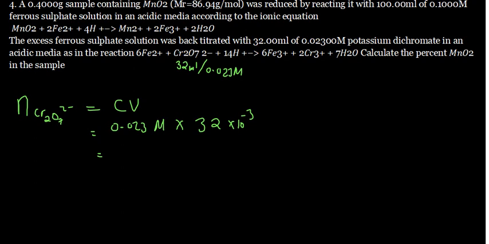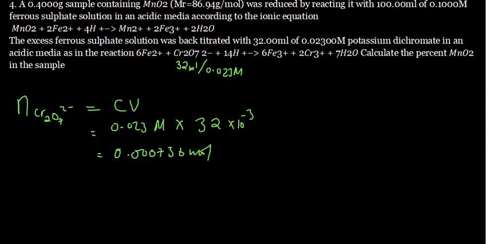So I've got 0.023 multiplied by 32 divided by 1000. That will give us 0.000736 moles.